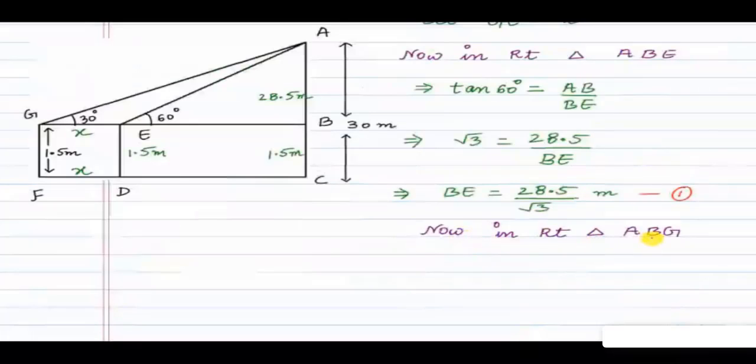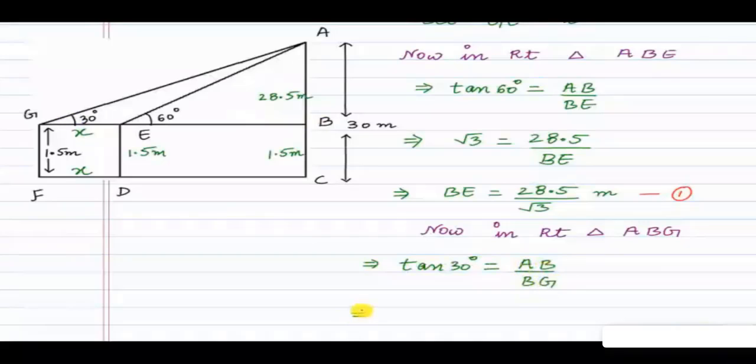Now in right triangle ABG, tan 30 degrees will be equal to opposite side AB over adjacent side BG. This implies tan 30 degrees is equal to AB over BG.